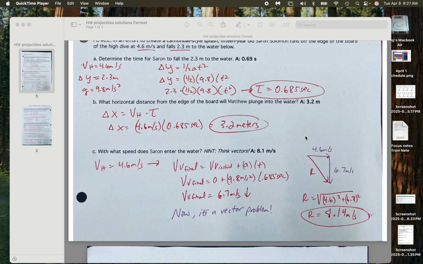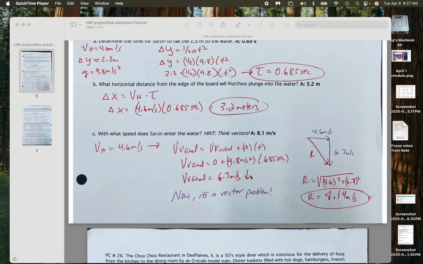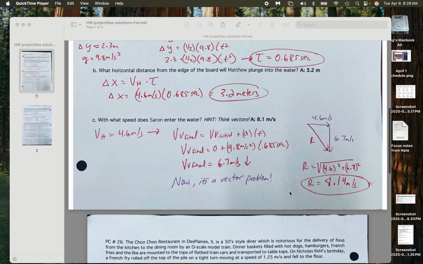Since I know the time, I'm going to use this version of a formula, and I don't need an initial velocity. So acceleration times time. That means my final vertical velocity is 6.7 meters per second down. The overall speed is a vector resultant of the horizontal and vertical components, and that's about 8.1 meters per second.